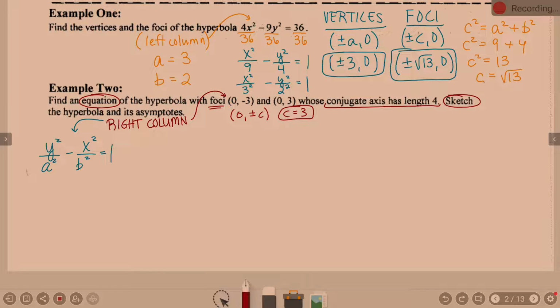Conjugate axis has length 4. What do we know? Conjugate axis is my minor axis. So 2b equals 4, and thus b equals 2.